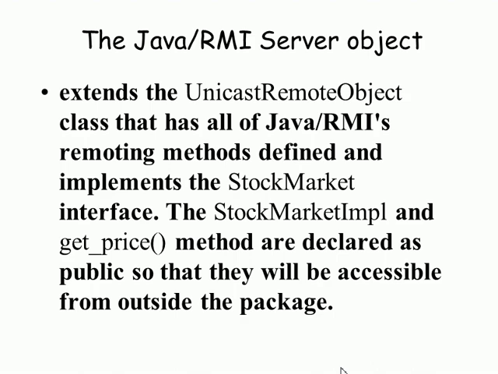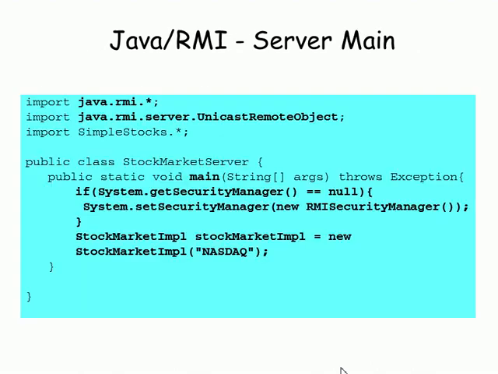So get price, yeah, it can be accessed outside of the package, but only locally to the machine upon which it is running. So you can have non-remotable methods in the same class, but if you want to be able to invoke them remotely, they all have to throw the remote exception.